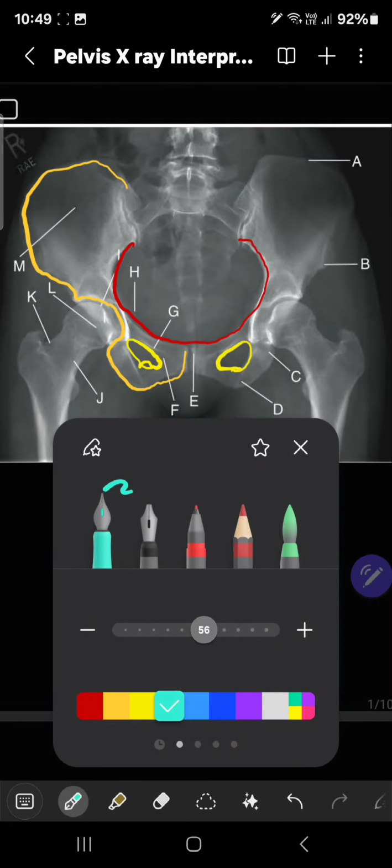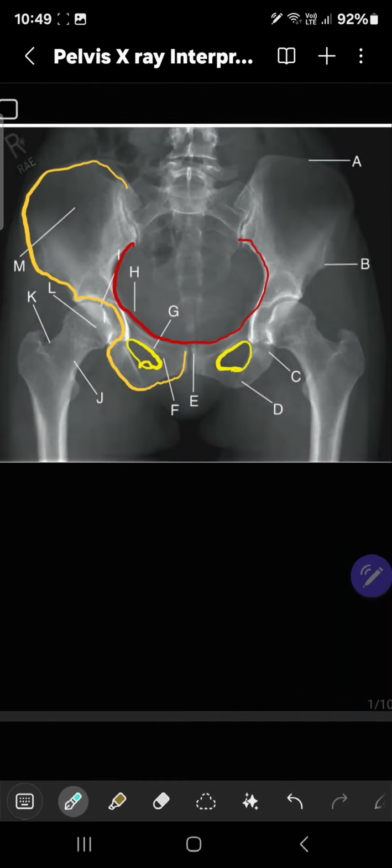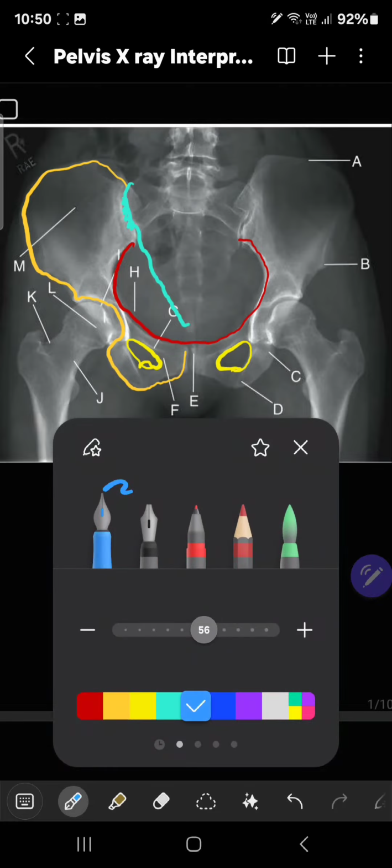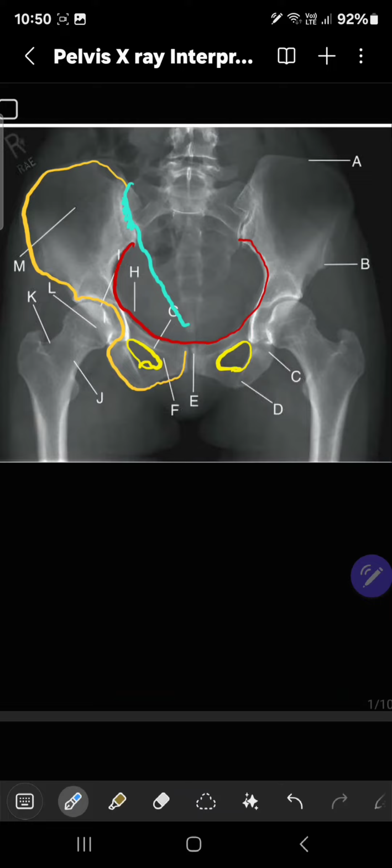Number four is the sacrum and sacroiliac joints. This is the sacrum, and you have to look at the sacroiliac joints. Number five is the sacral foramina.